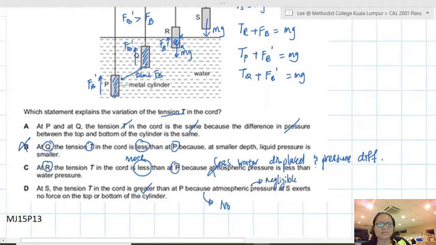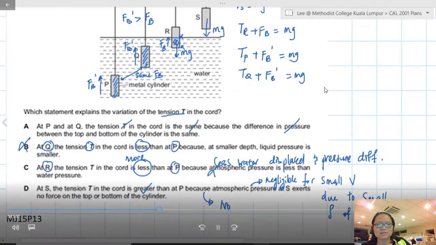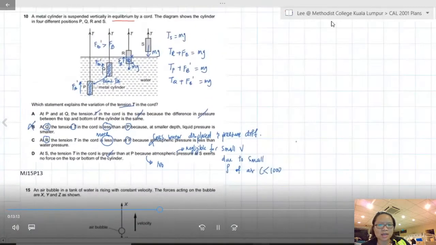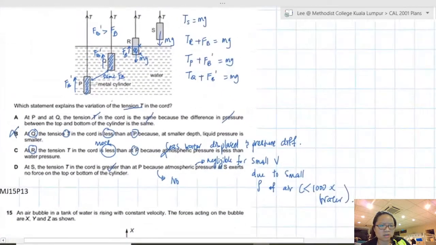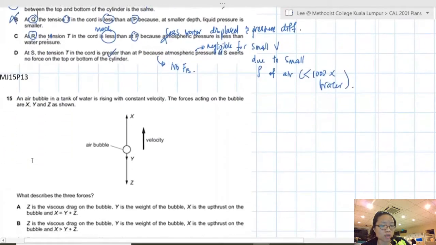And this kind of atmospheric pressure difference is negligible for small volume, because air has a small density. It's less than 1,000 times the density of water. So if you want the atmospheric pressure difference to be significant, my friends, we need a huge hot air balloon.